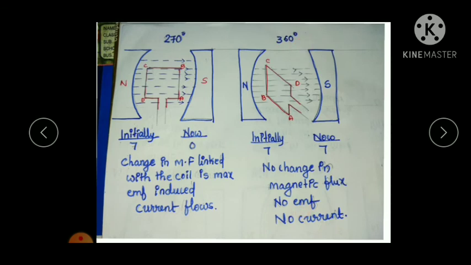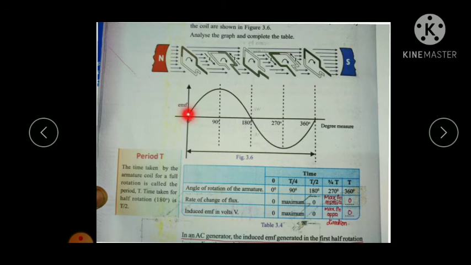And if we plot a graph of EMF versus degree of rotation, we can see at 90 degree the induced EMF is maximum, and at 270 degree the induced EMF is maximum. But we know that during every half rotation, what happens? The direction changes. So after 180 degree, the direction of the current changes.